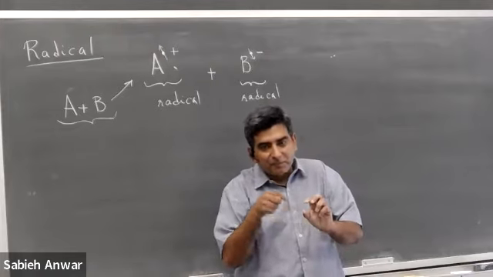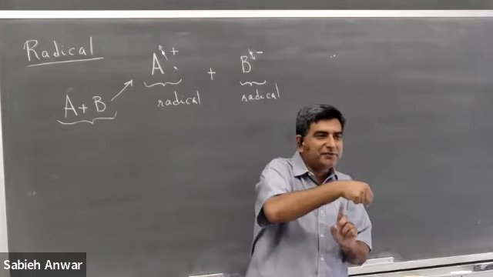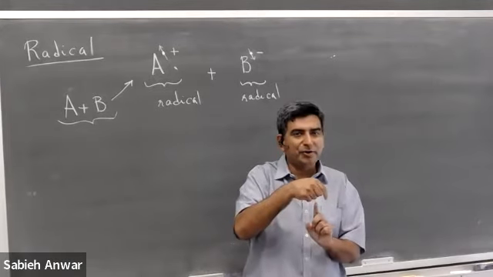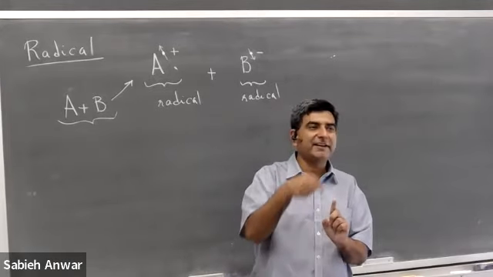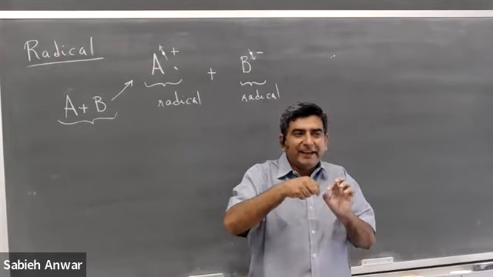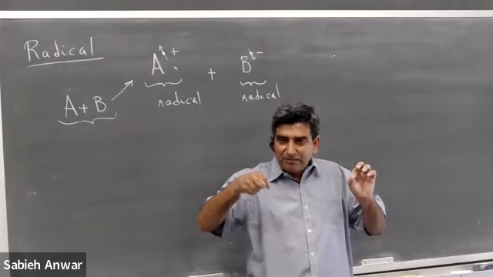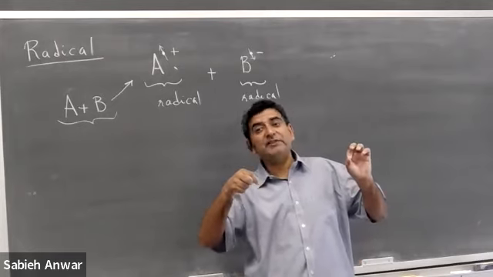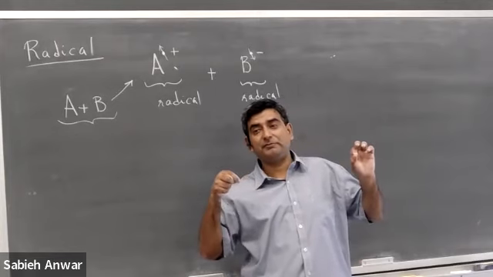Now, when one of the electrons is being transferred to the other moiety inside the molecular complex, A is transferring its electron to B, then A and B each carry unpaired electrons, but they will conserve the spin. They will preserve this original spin on them.